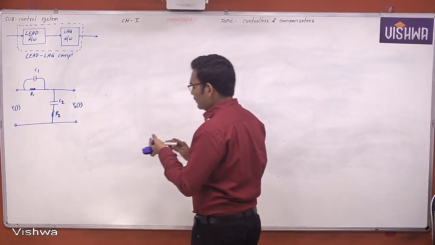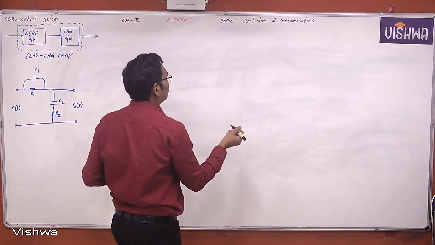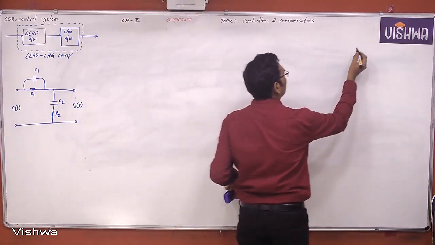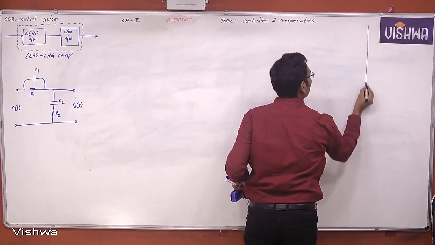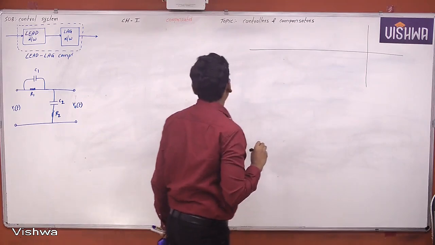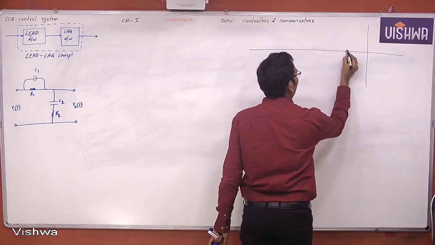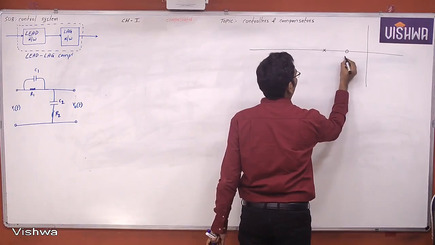Now see here. Now I'll write here. What is the first network? The first network is the lead network. The lead network will produce a finite zero and a finite pole.